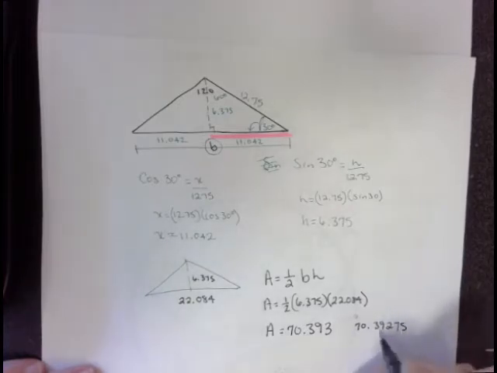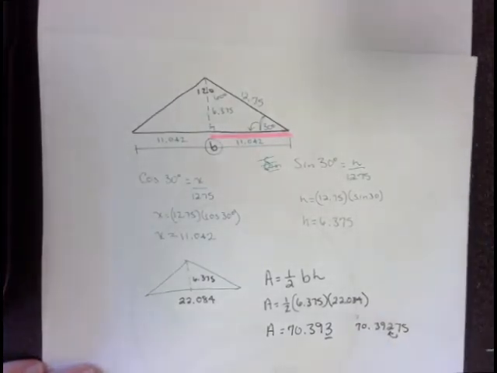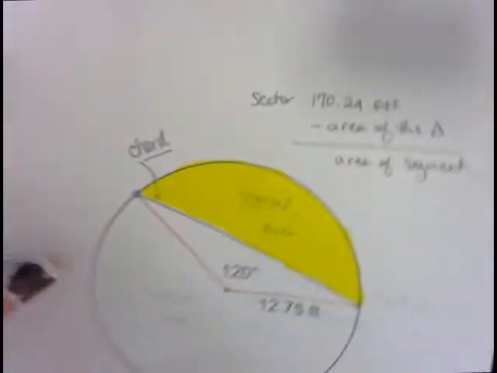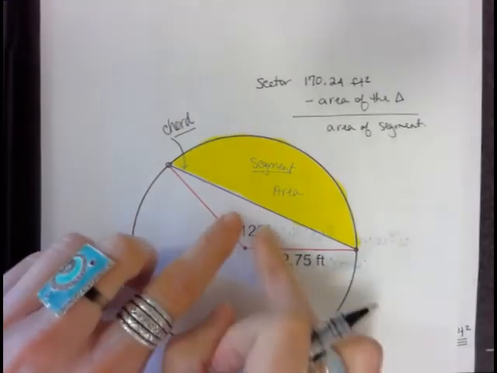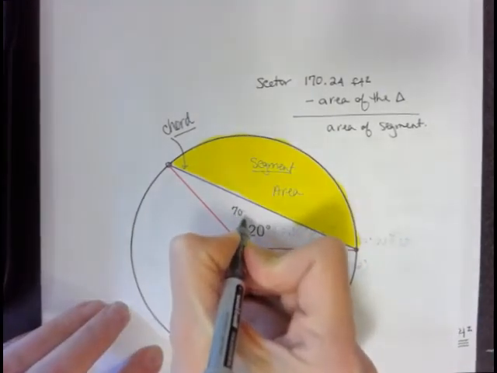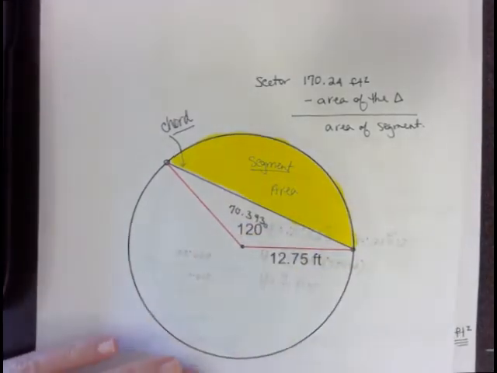And that 7 makes this round to a 3. So what is that going to tell me? Well, if I know that the area of this triangle is 70.393, I can get the area of this segment.